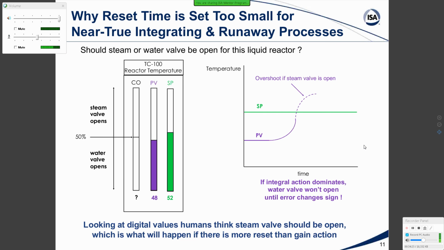So looking at digital values, humans think the steam valve should be open in this case, which is what will happen if there's more reset, more integral action than proportional gain action. So we tend to tune loops based on what we're expecting here, not realizing the trajectories and the consequences of dead time, particularly if the operator is focusing on the faceplate and doesn't understand trajectories.